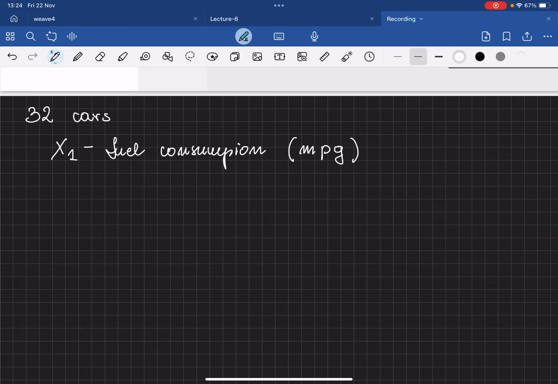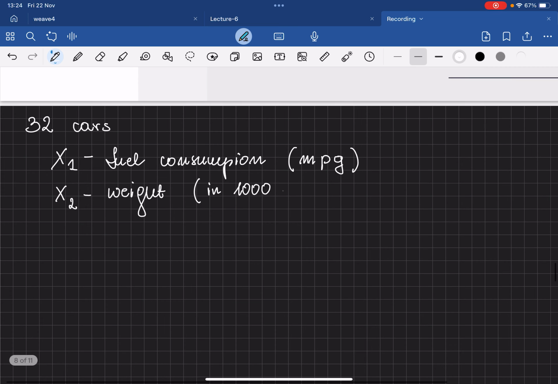The information about each car that we can use to predict fuel consumption are x2, this is weight in pounds, or rather in thousands of pounds.